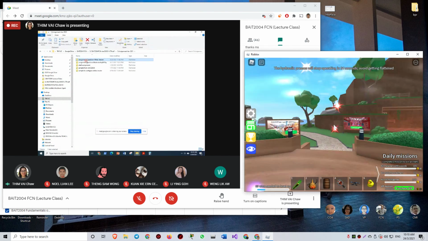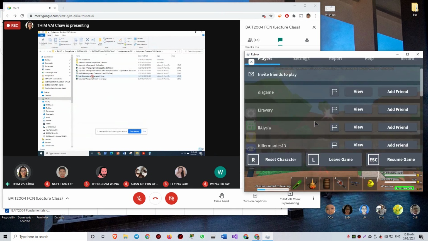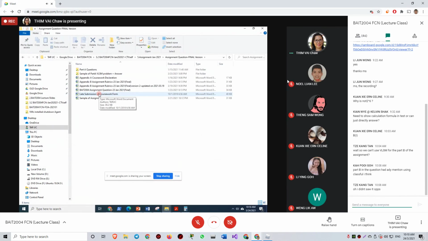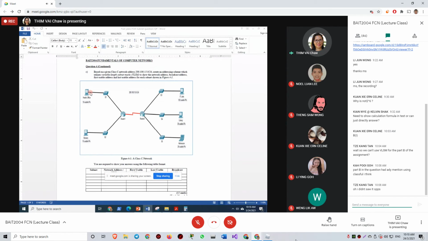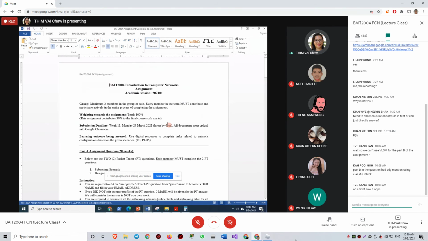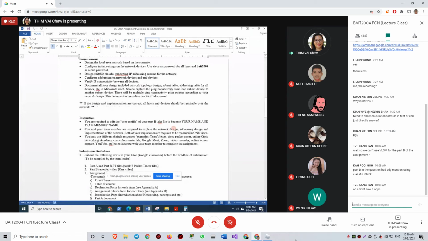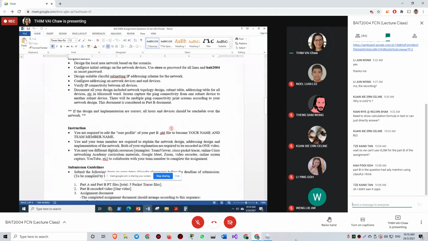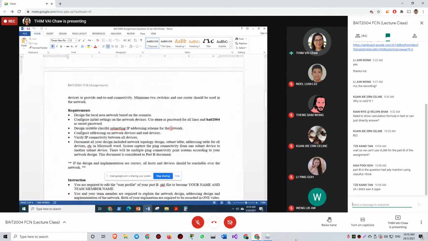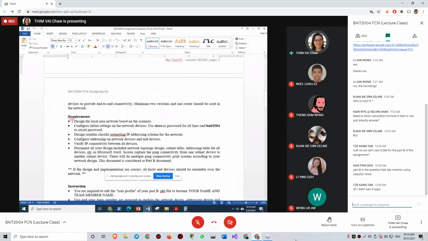The questions already clearly mention that you are required to use classful subnetting. You can see the requirement under Part C.